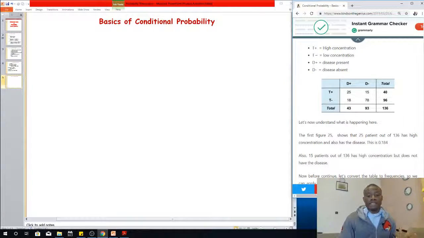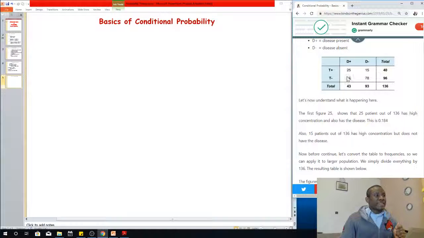We are going to explain it a little bit more, but just understand the table. This 15 means that 15% have high concentration of this substance but do not have the disease. So these patients with high concentration actually do not have the disease, but the doctors will conclude that they have the disease because by their measurement it shows high concentration.